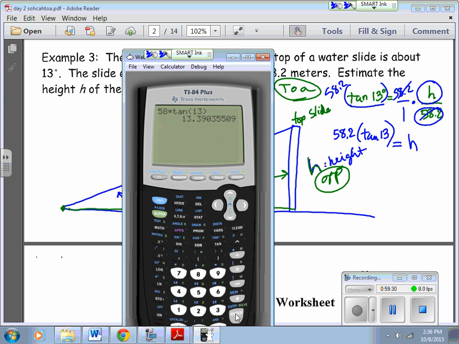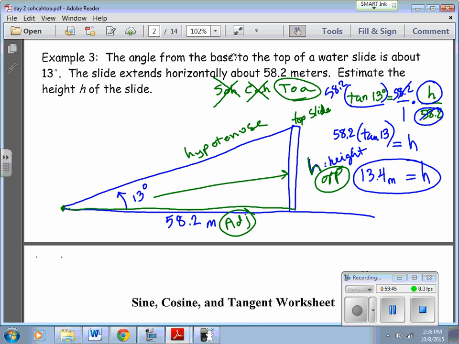That gives me a height of 13.4, and I believe that's in meters. Does that number make sense for this problem? Well, I would say, yeah, 13.4 meters.